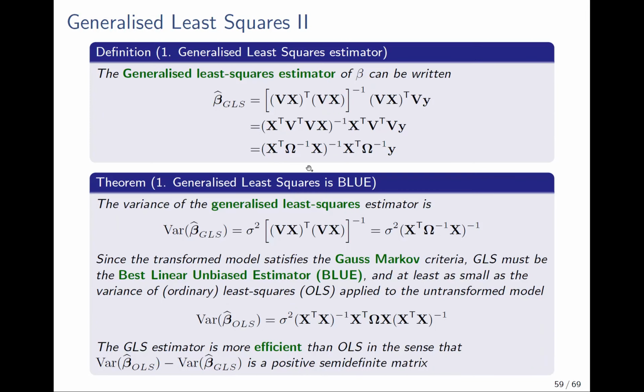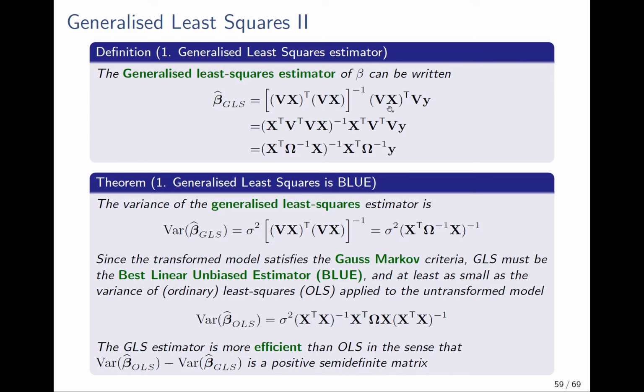So let's write this down formally. The generalized least squares estimator, the GLS estimator, is the least squares estimator computed on the transformed data, Vx and Vy. Applying the rules of matrix algebra and using V transpose V equals omega inverse, it simplifies to the expression at the bottom of the definition.